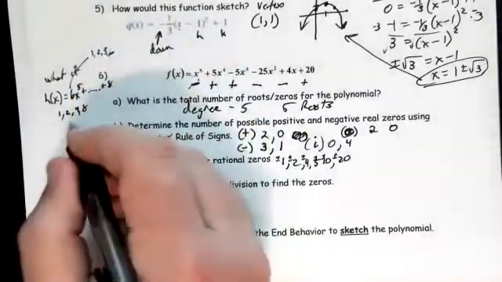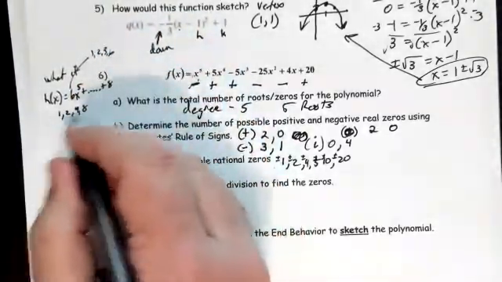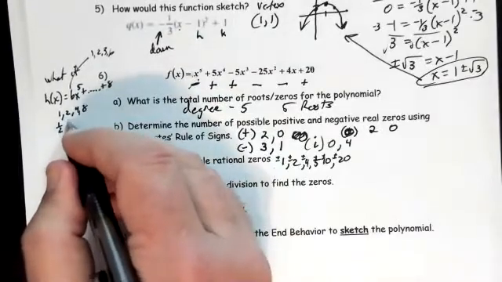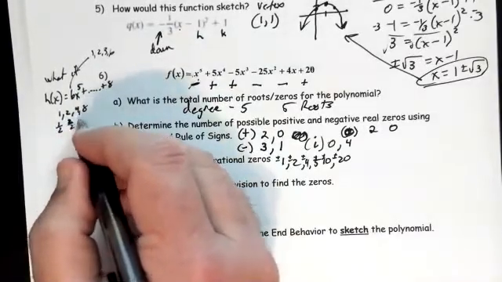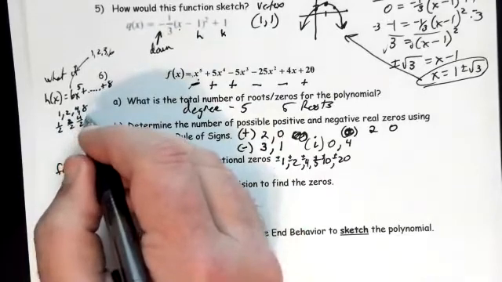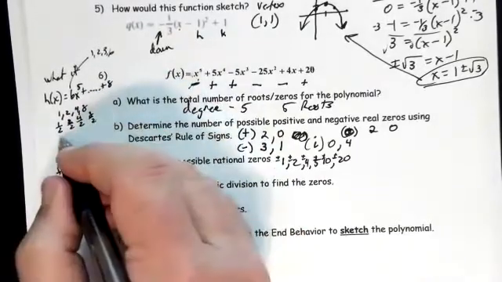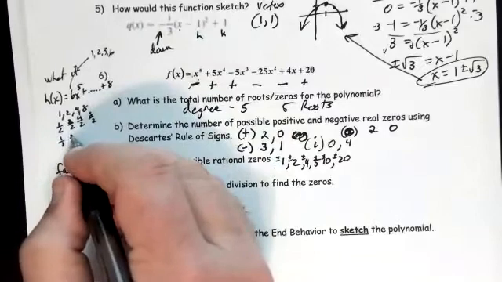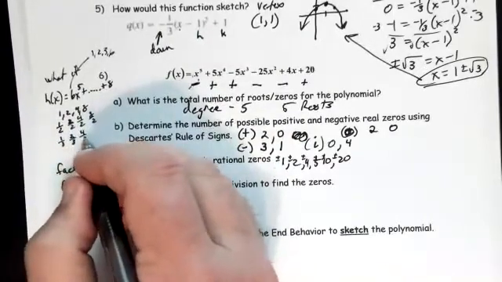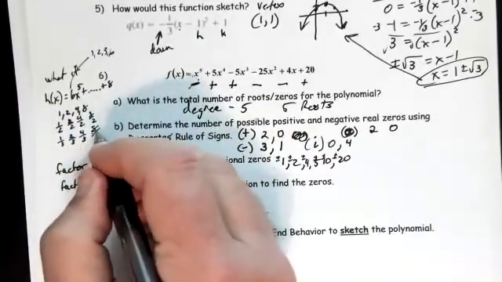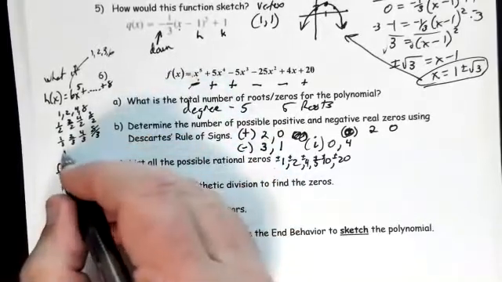You'd have to take all of those over each of these. These are all over 1. Then you would do all over 2, and then all over 3, and then all over 6.